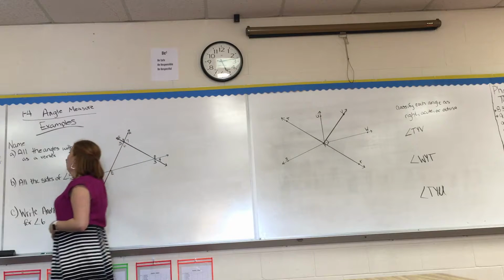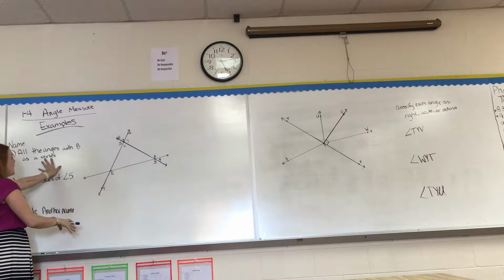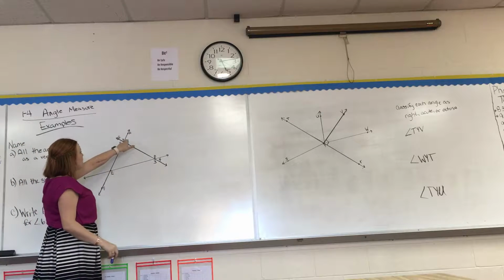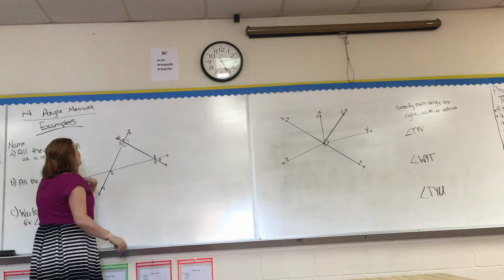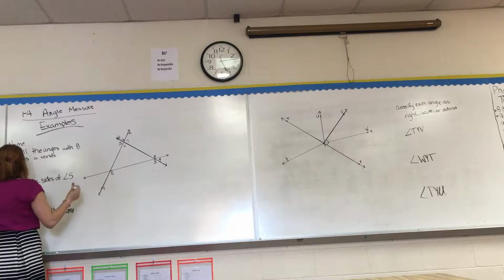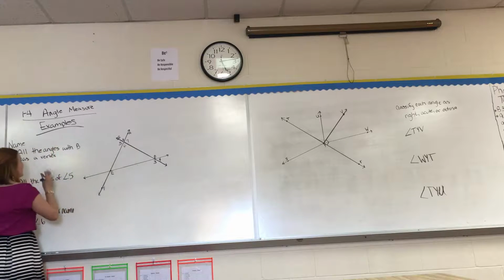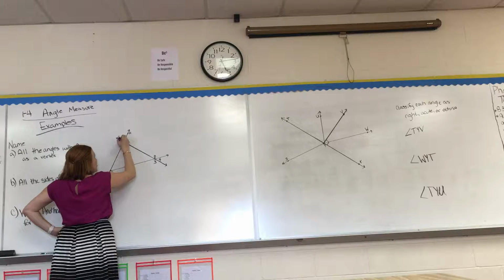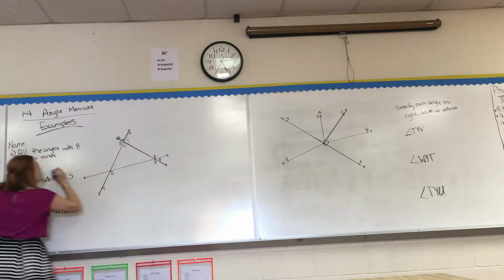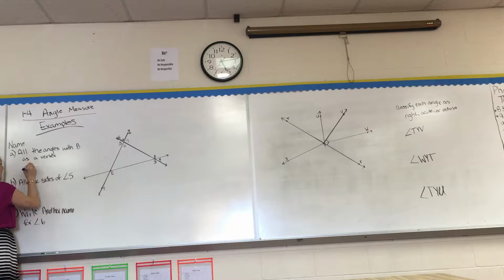So, number one, I'm going to name all the angles with B as a vertex. First off, if you can't see this, this point right there is B. So what are all the angles with B as a vertex? First off, we have this one, so we'll name that angle GBA.